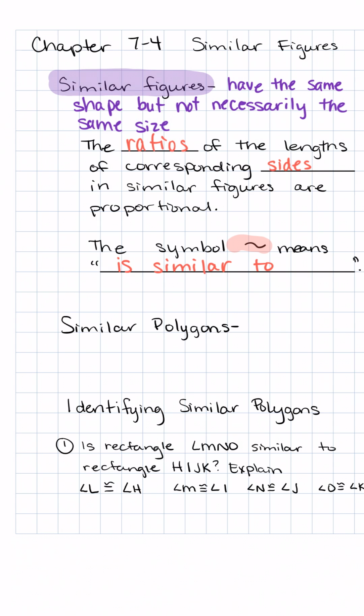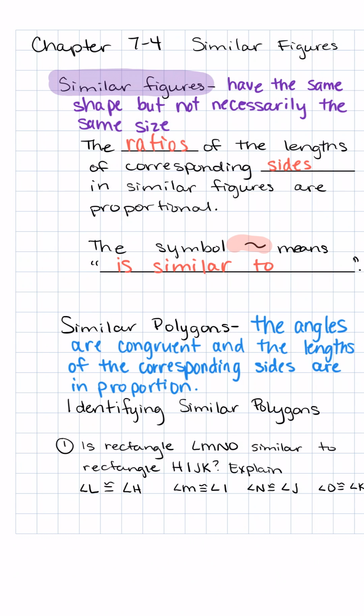If two polygons are similar, the corresponding angles are congruent and the lengths of the corresponding sides are in proportion. Let's write that down.